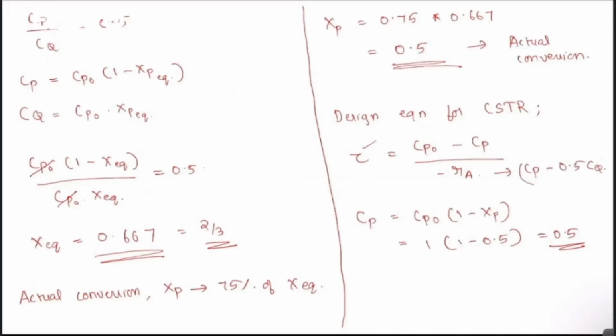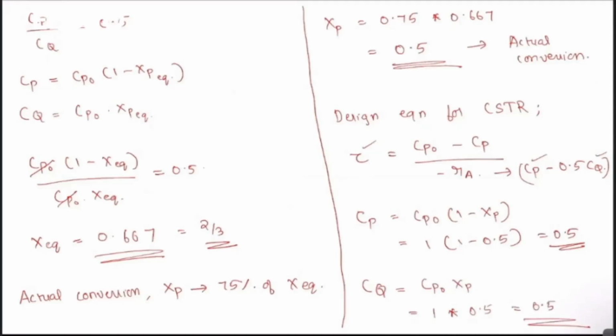For Cq, we can use the same relation. So Cq is equal to Cp0 into Xp, that means 1 into 0.5, that is 0.5. So we have both Cp and Cq. We also have Cp0.